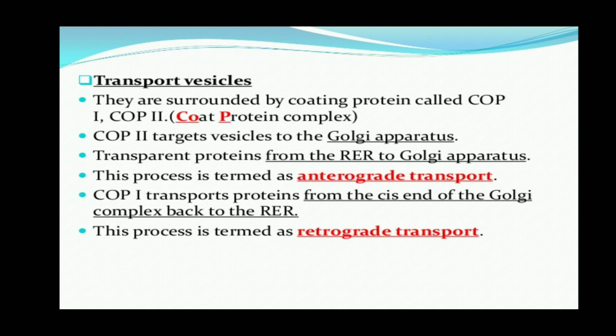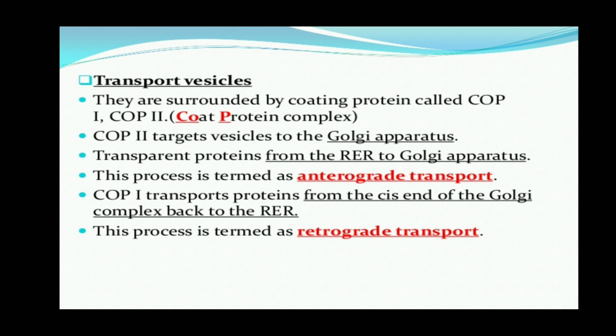The transport vesicles are surrounded by coating proteins, that is COP1 and COP2. COP stands for coat protein complex. This coat protein complex targets the vesicle to the Golgi apparatus.